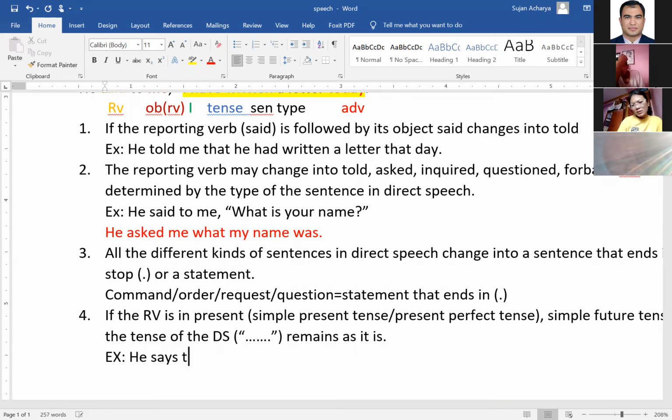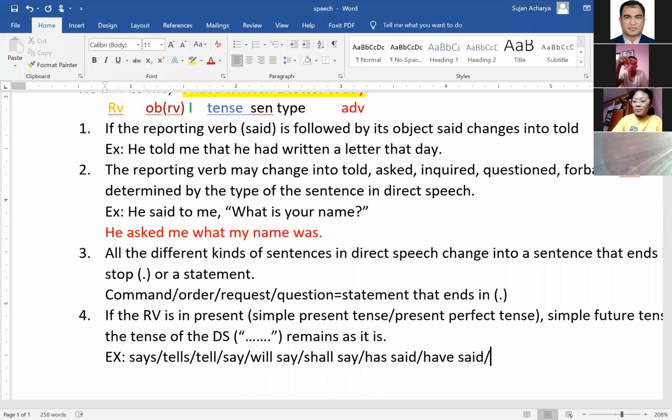If the reporting verb is like says, tells, tell, say, will say, shall say, has said, have said, then the tense of the direct speech remains the same. He says to me.